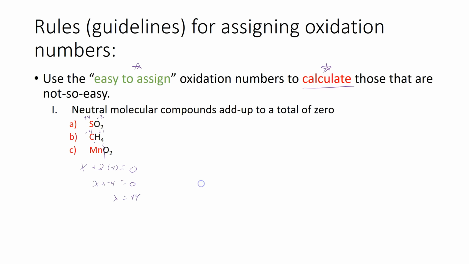So then I know that this is +4 and -2. Those are my oxidation numbers. So that's what I'm doing. I'm taking my easy to assign oxidation number, using that to then calculate those that are not so easy. It's because sulfur, carbon, and manganese are not always going to have the same oxidation number, whereas oxygen and hydrogen almost always do have the same oxidation number. Okay?